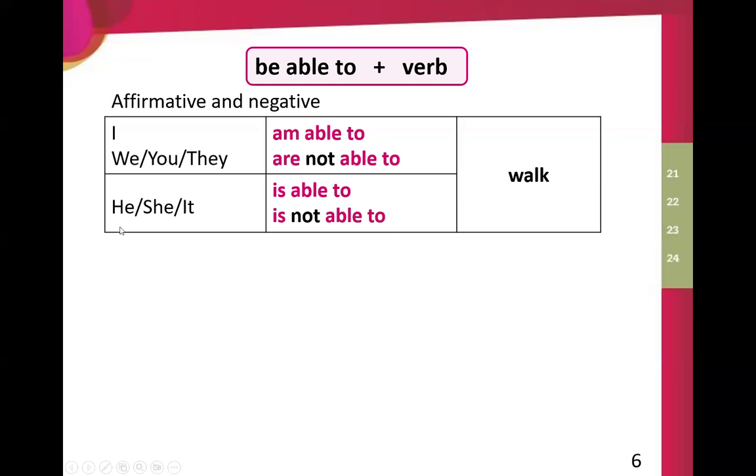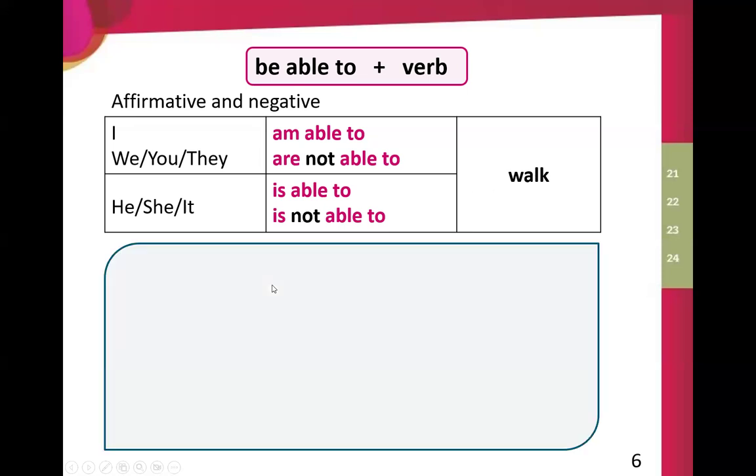He, she, or it is able to or is not able to. So you are able to or you are not able to. And all of these expressions are followed by the infinitive form of the verb, for example, walk and so on.